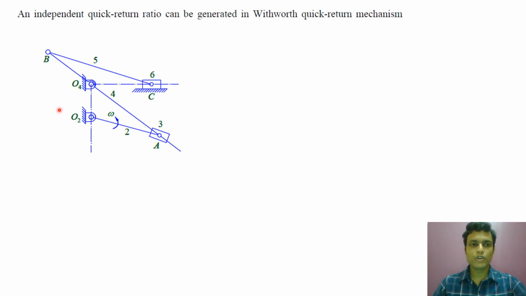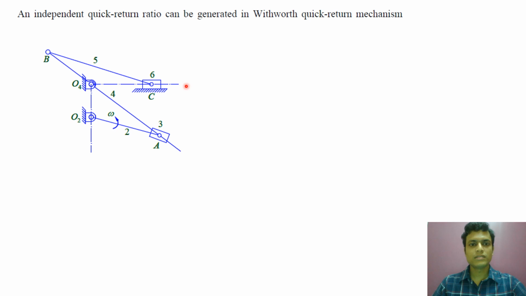But if somebody wants to find the quick return ratio of this mechanism, I am giving a hint. What you have to do is draw a circle with radius O2A, that is the crank radius, from the center point O2. So you draw the circle. That circle will intersect this axis of slider 6 at 2 points.